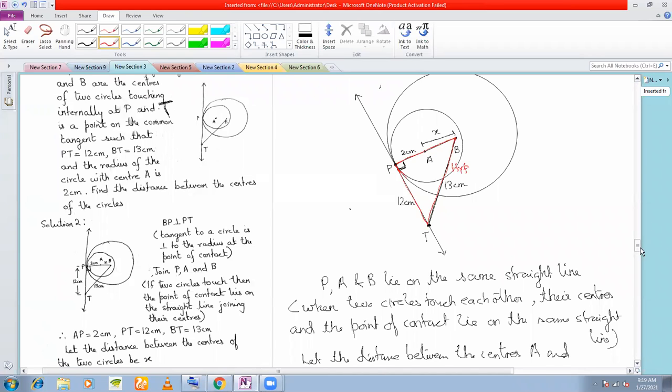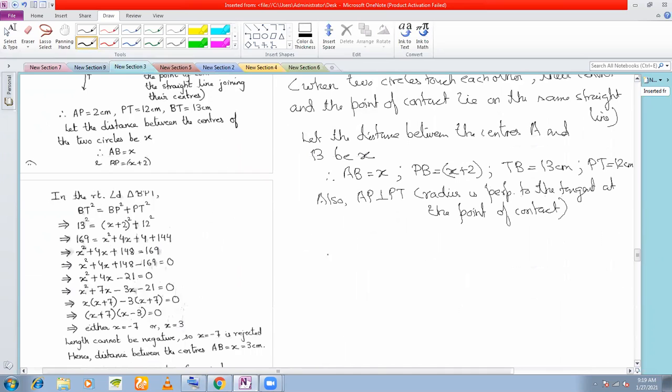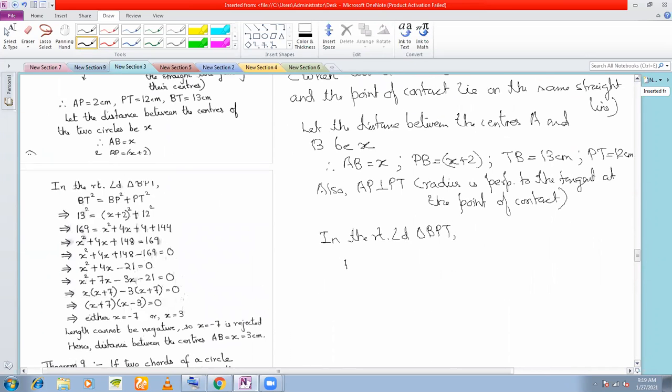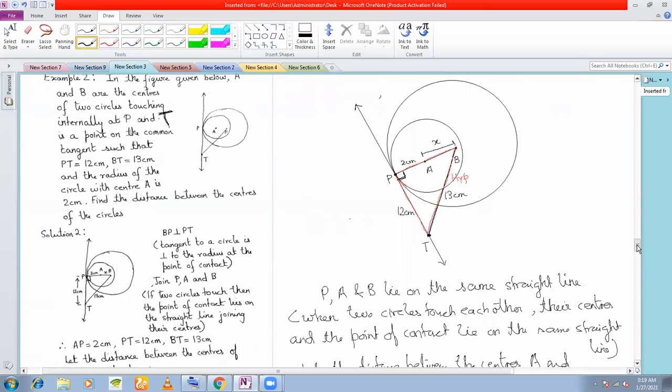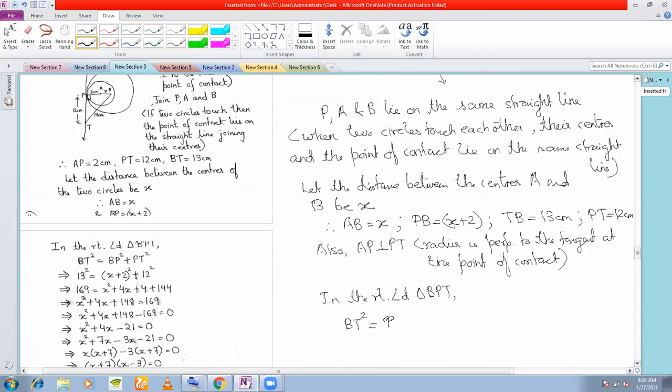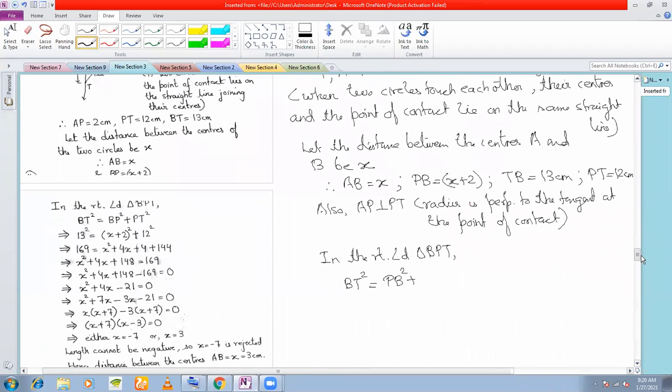So we start by saying in the right angle triangle BPT, hypotenuse square, according to the figure, hypotenuse is BT. So BT square is equal to perpendicular is PB, so PB square, and the base here is PT, so PT square.